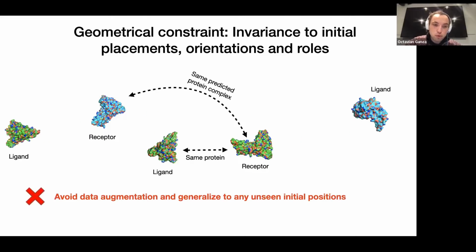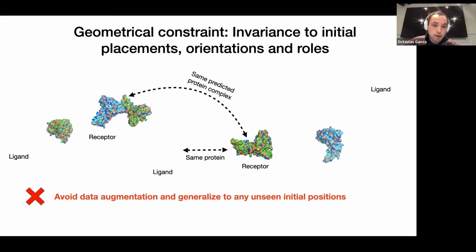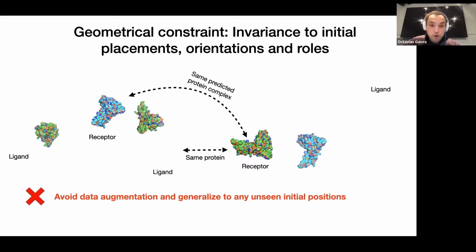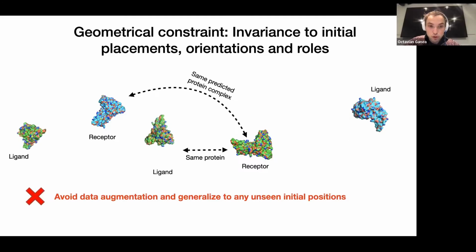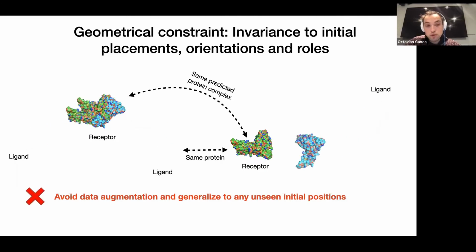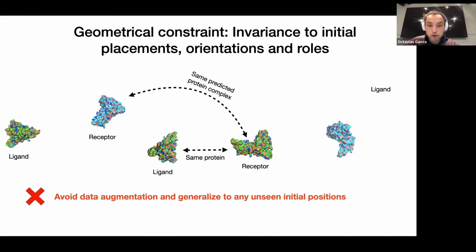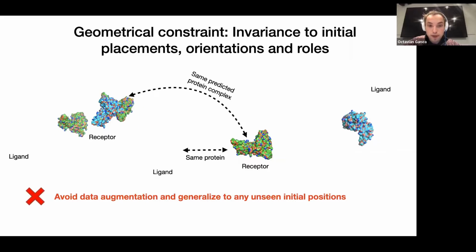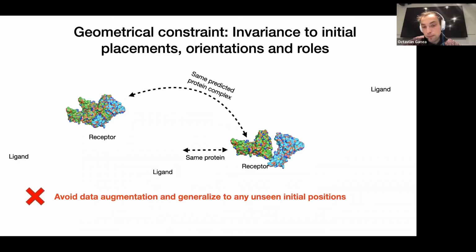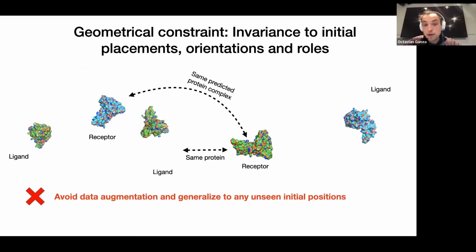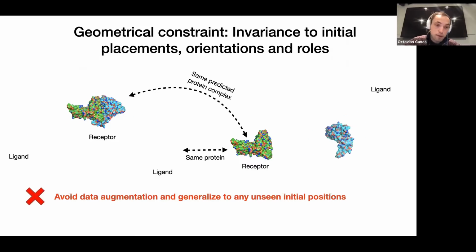So in order to do that, previous methods have relied on strategies such as data augmentation. Unfortunately, this suffers from two issues. One issue is that it's actually very expensive because you have to increase the amount of training data by many times, and it also doesn't generalize to any unseen initial positions, let's say at test time.